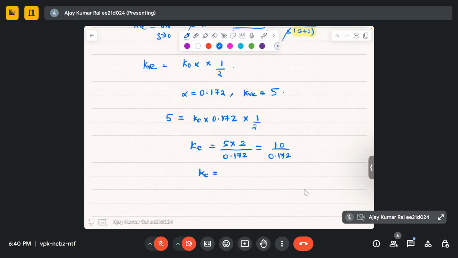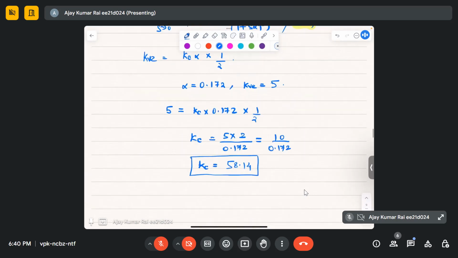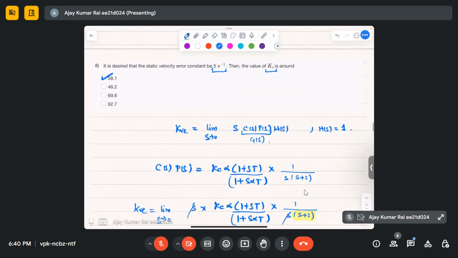Correct. 48 or 58? 58. Correct. 58.14, right. Okay, 58.1. So very simple.